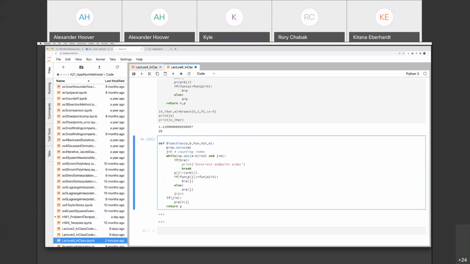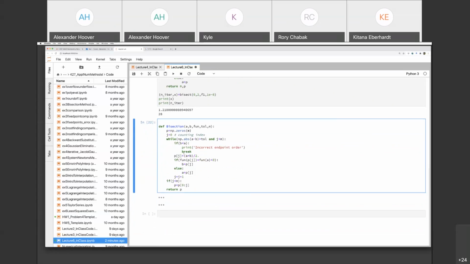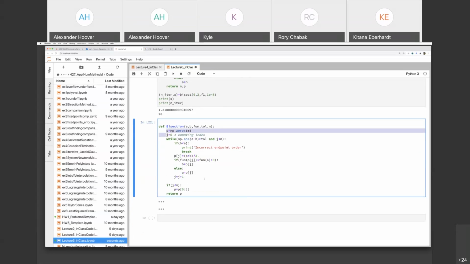If I wanted to see what the iterations were doing in time, I would store those values and then output them, and that pretty much is what I've been doing here. The only slightly nuanced thing is I initialize P as an array of zeros with the max number of iterations we can take.